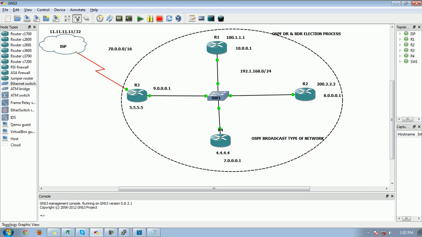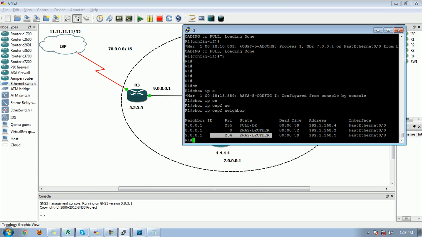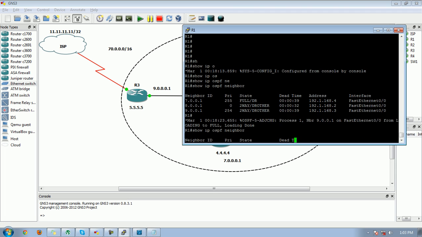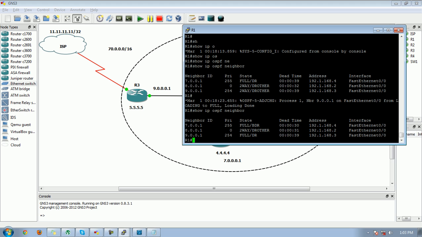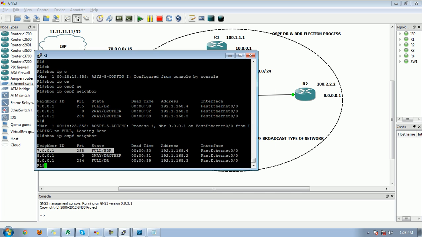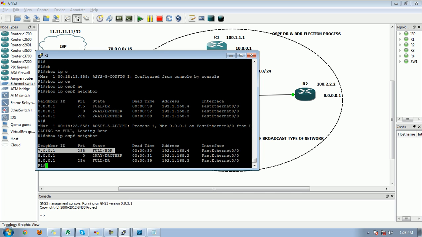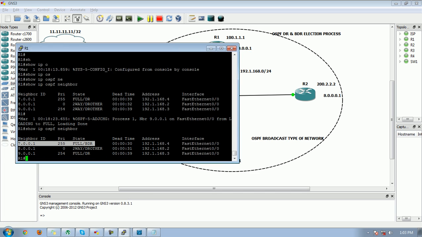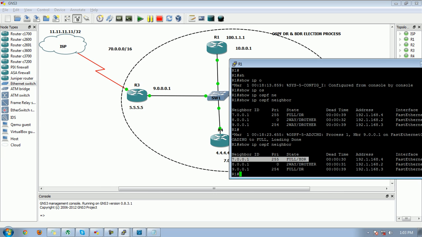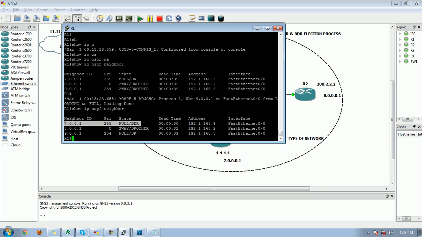Which one? Who is my DR? Sorry, BDR. R3, right? R3 is my BDR. Where is my BDR? BDR is 7 dot, so which means R3, yes, 7.0.1. No, it's R4. R4 is my BDR.